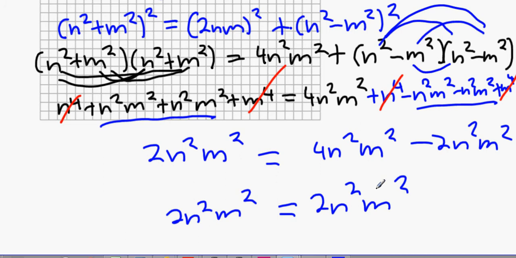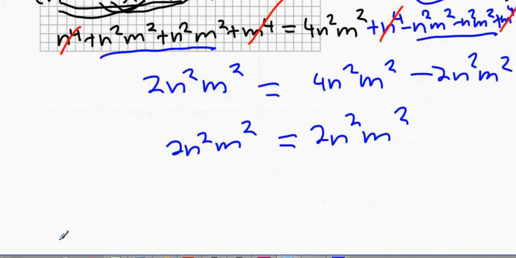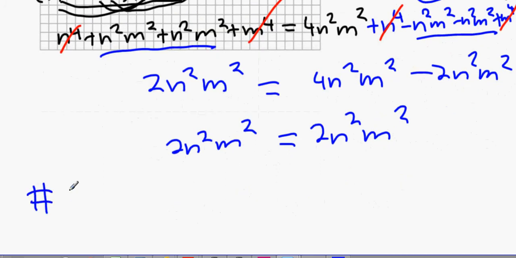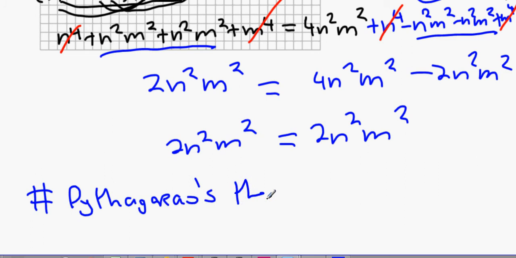So basically Pythagoras' theorem works. The sides do represent a right angle triangle.